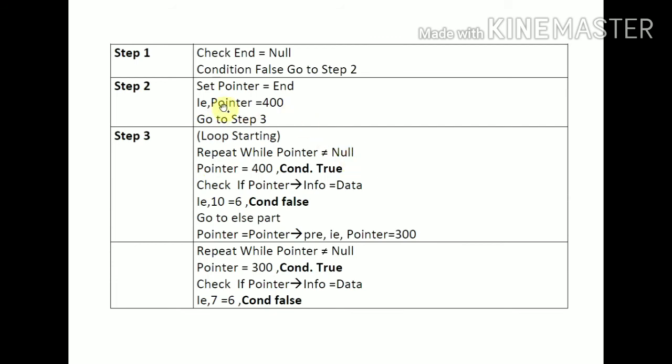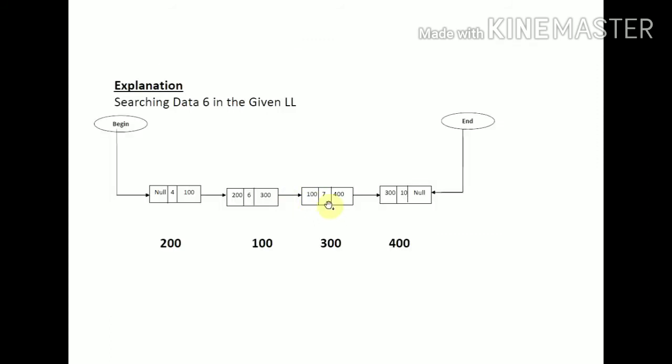What is the pointer value here? 400 is the pointer value, so this is not equal to null. The condition is true, so we go to the if part. We check pointer info, this particular value, which is 10. Is 10 equal to 6? No, the condition is false.